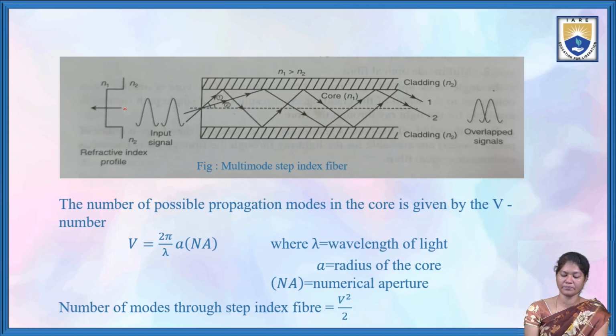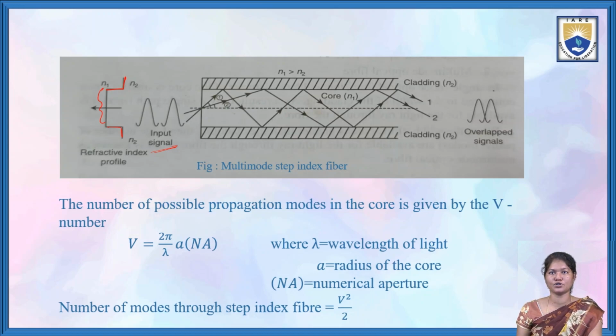The width of the core is larger, refractive index is N1, and there is a step change at the interface of core and cladding. As the core is wider, multiple light rays can be entered into the core.